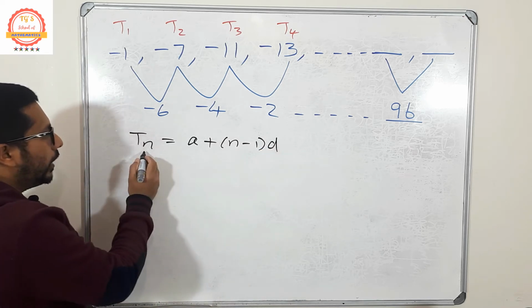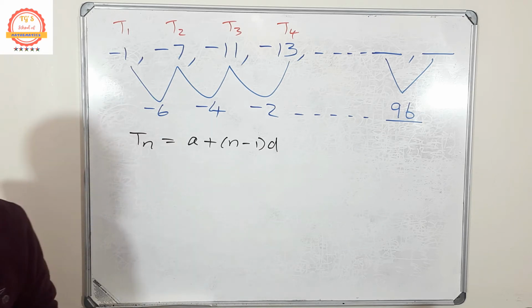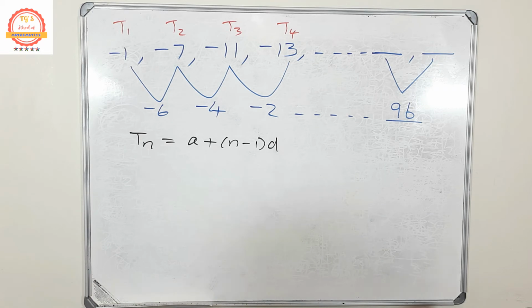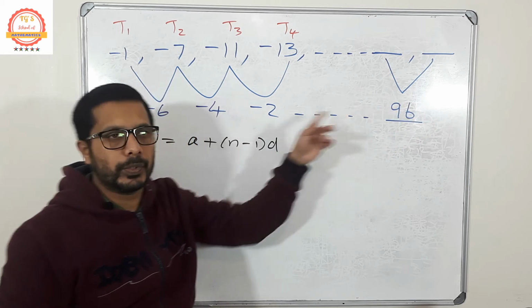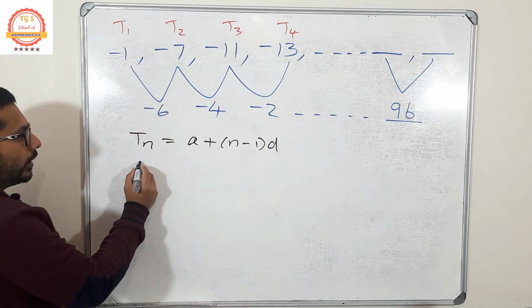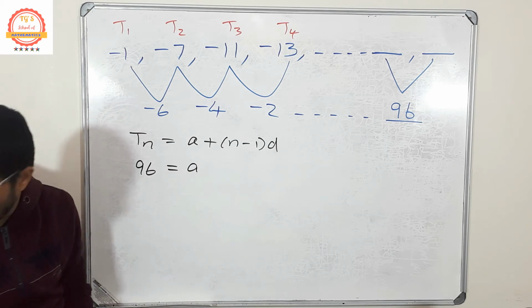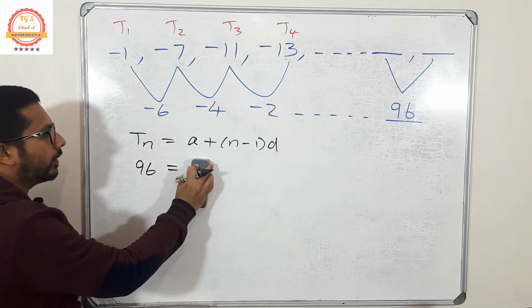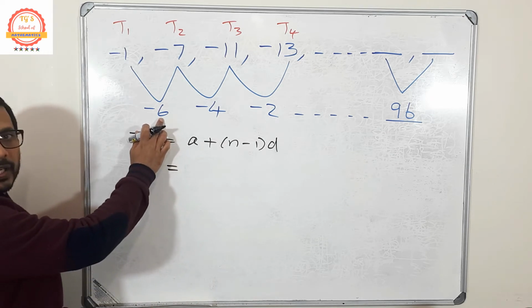So here what is Tn? Tn means the last term or the nth term. Here assume that this 96 is the nth term or last term in the sequence. So 96 is equal to a plus, sorry, we know what a is. What is a in this sequence? The first difference, minus 6.